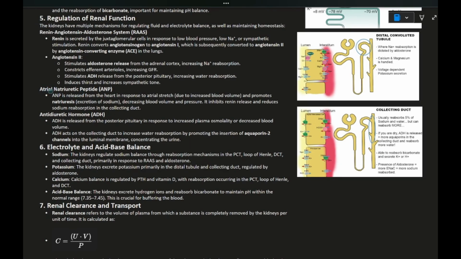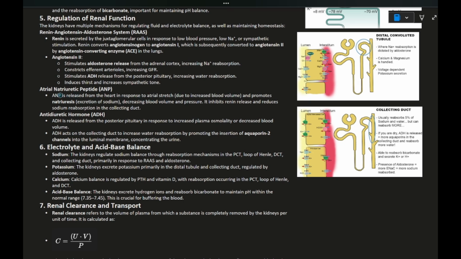We have this peptide called the atrial natriuretic peptide, or ANP. So the atrial natriuretic peptide is released from the heart in response to atrial stretch. And the atrial stretch is due to the increased blood volume in the heart.